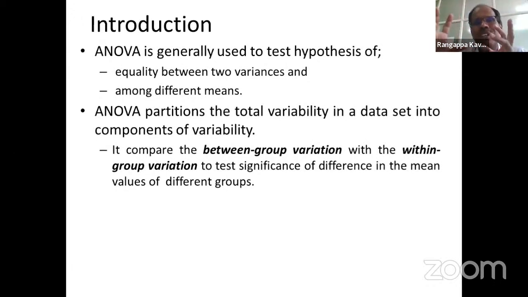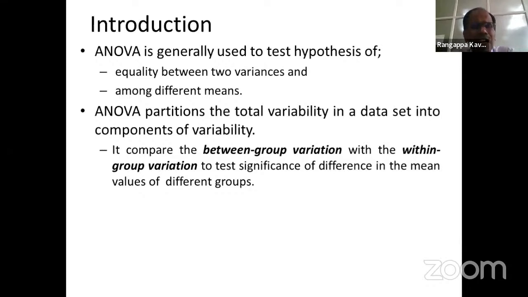So even in understanding that kind of difference in the variance, we use ANOVA. To know the differences or equality of the variance between two groups, and to know the difference or otherwise of the mean value between three or more groups, we use ANOVA.